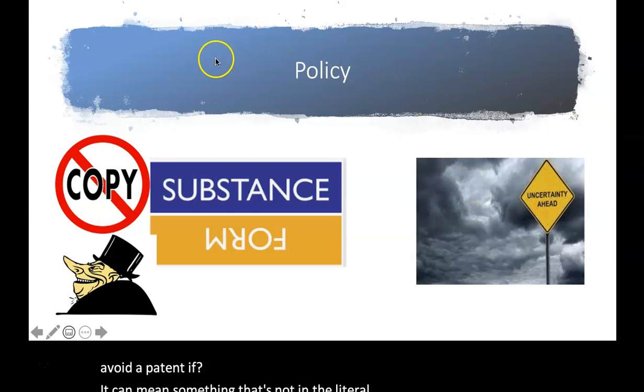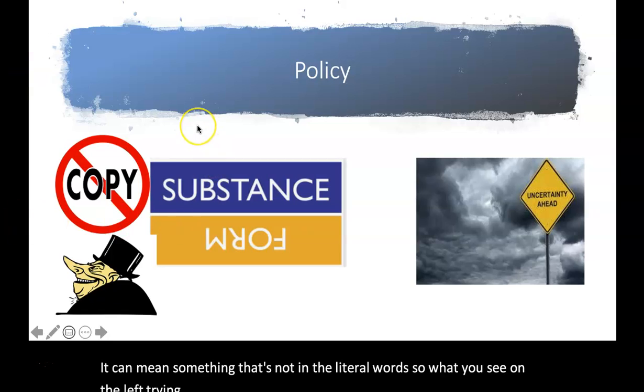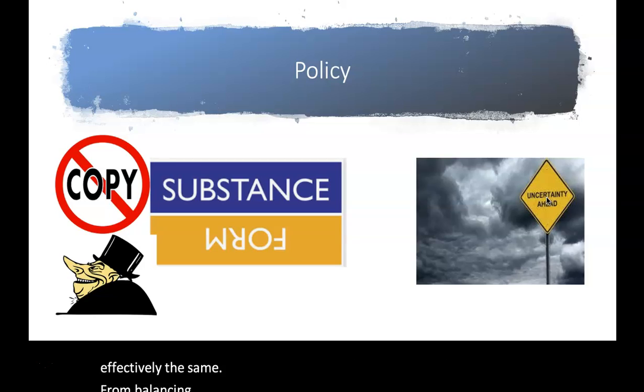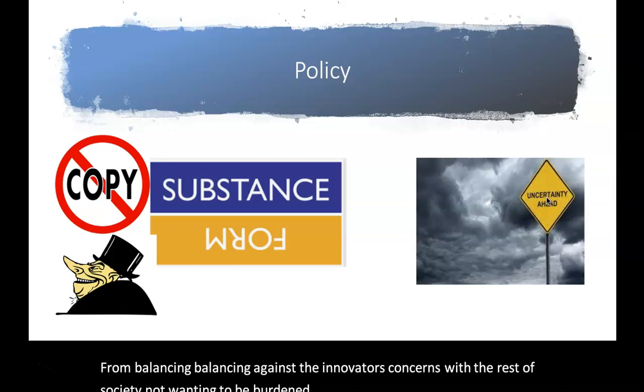So what you see on the left, trying to protect the innovator against very small changes that are effectively the same, is balanced against the rest of society not wanting to be burdened without proper notice of what is the invention. So that's the big picture.